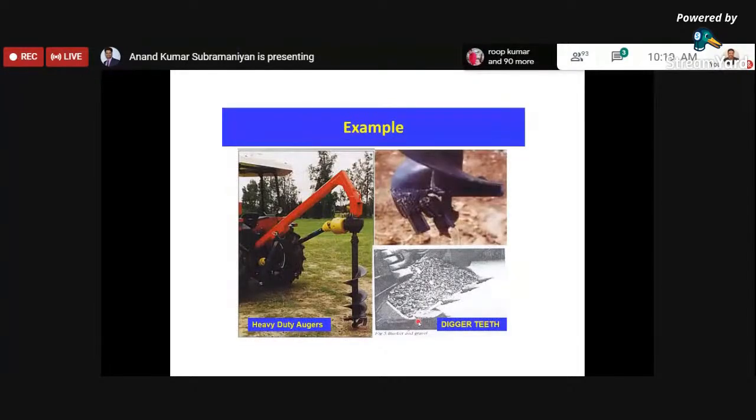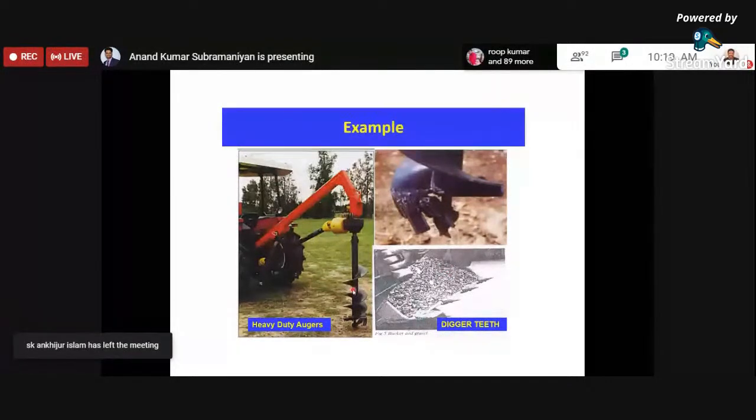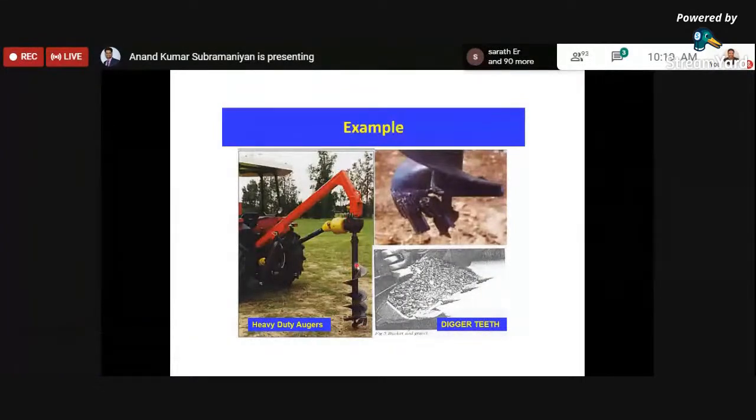And even in agricultural equipment that we use, there is a heavy duty auger trying to dig or excavate sand particles. The sand particles are very hard, and they are primarily SiO2, right?